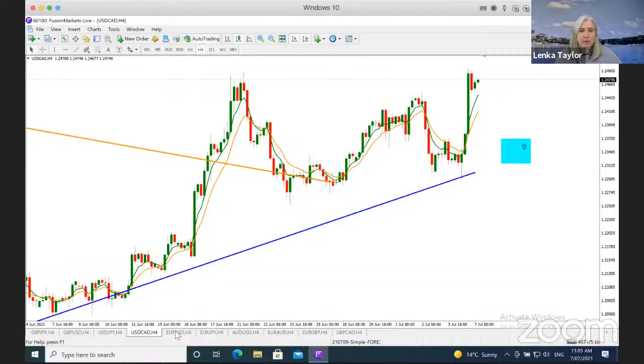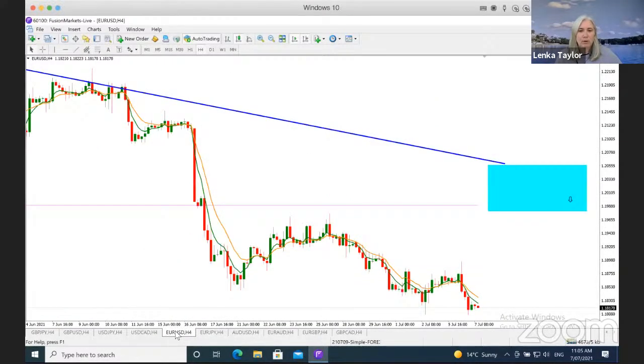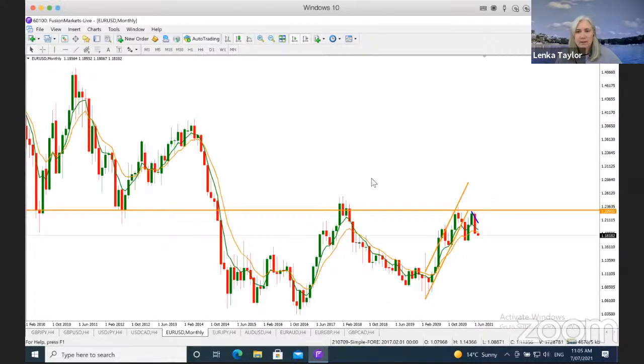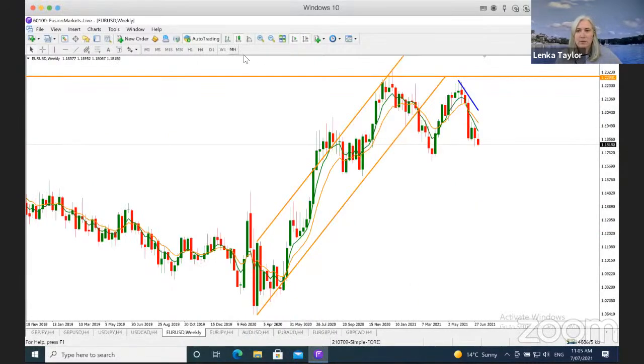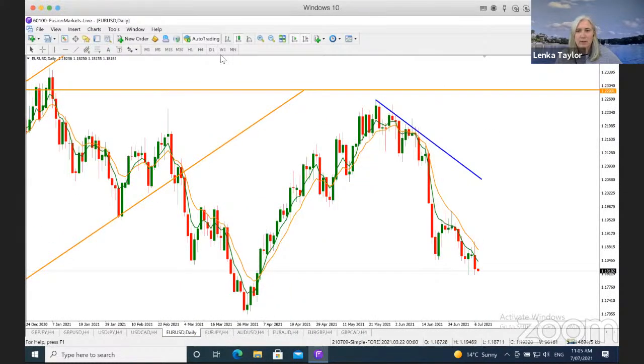Next currency pair I'm going to have a look at is EURUSD. I'm looking at a turnaround at this resistance level, so looking for a short now. On the weekly, we now have a little bit of a trend going downwards. On the daily, it also has been going down.